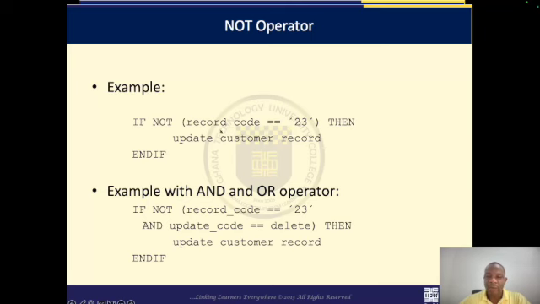Whatever the evaluation of this expression is, the not operator turns it around. So if it is false, the not operator would turn it to true, and what is after the then would be executed. However, if it is true, then the not operator introduced here would turn it to false, and whatever we put after the then would not be executed.